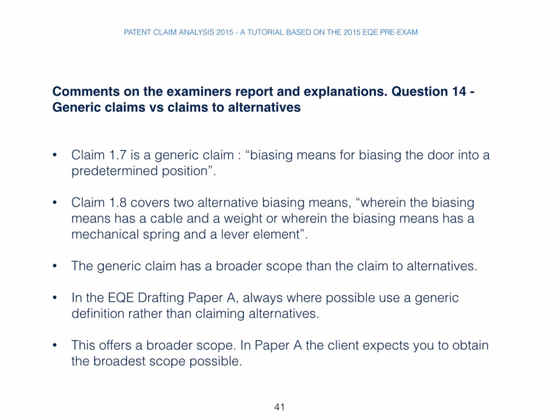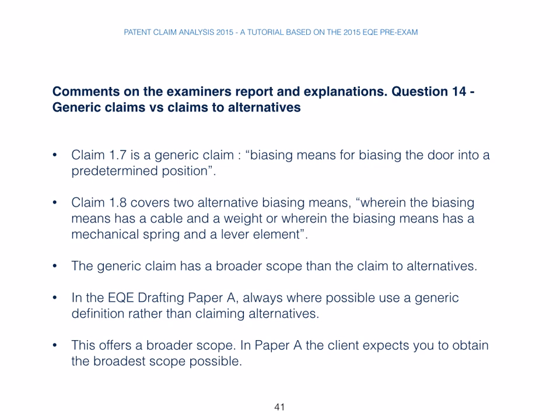In EQE drafting paper A, always where possible use a generic definition rather than claiming alternatives. This offers broader scope. In paper A, the client expects you to obtain the broadest scope possible.